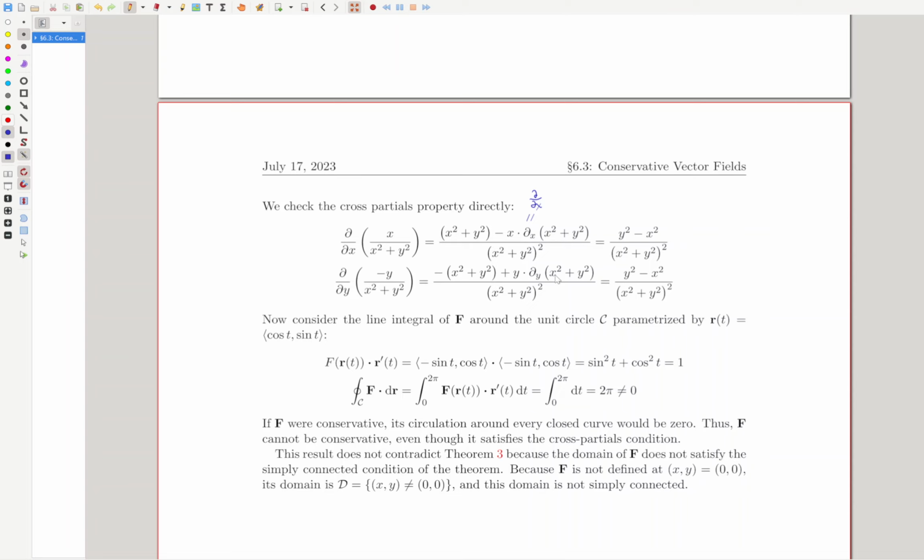this other thing that we know about conservative vector fields, which we've discussed in this section, which is that conservative vector fields are supposed to equal 0 over a closed loop. So for conservative vector fields, you must have that this equals 0.